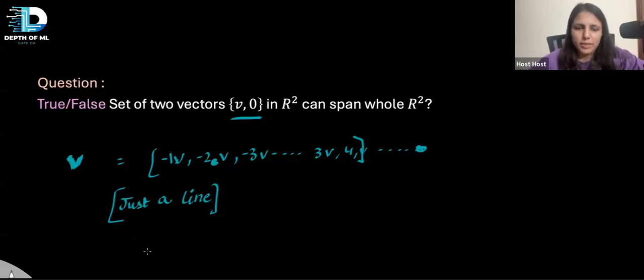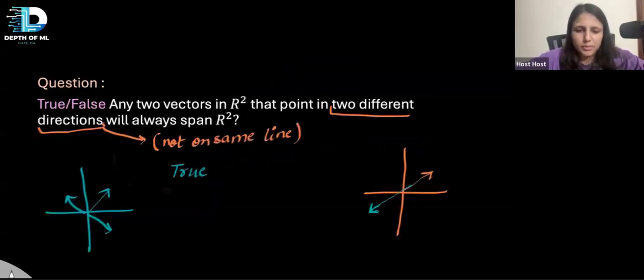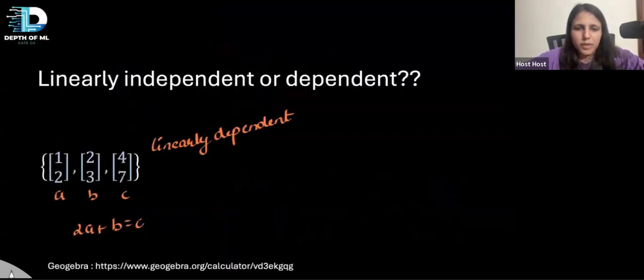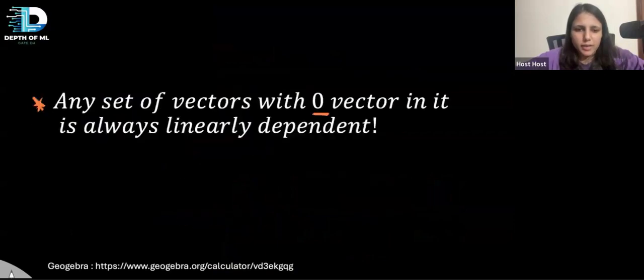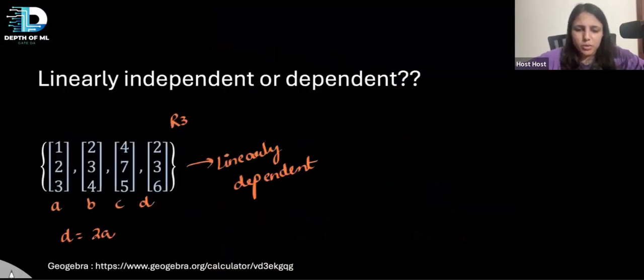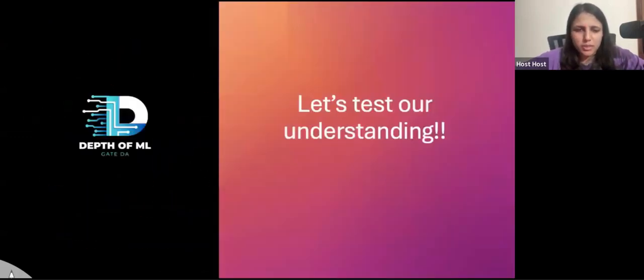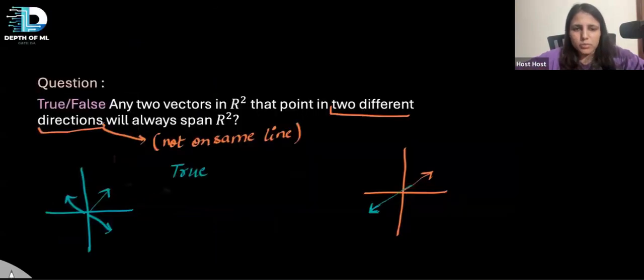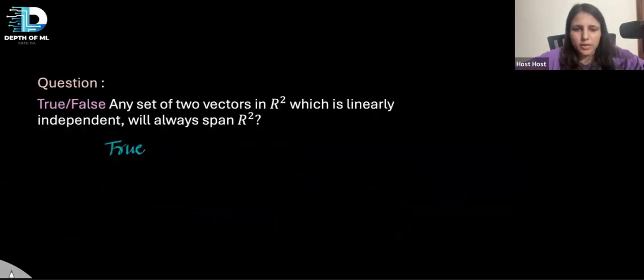Another way to look at it is that we have a 0 vector here. I highlighted that whenever we have a 0 vector in a set of vectors, the set is linearly dependent, because you can set the scalar for that 0 vector to be non-zero and you will get a non-trivial solution.